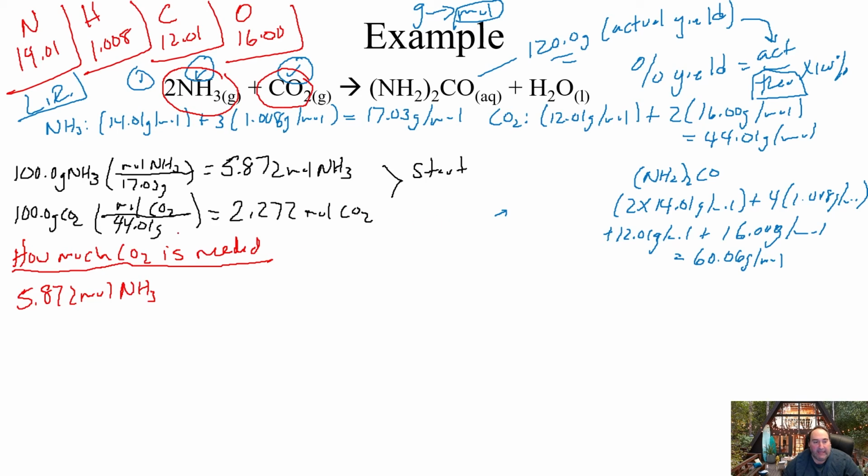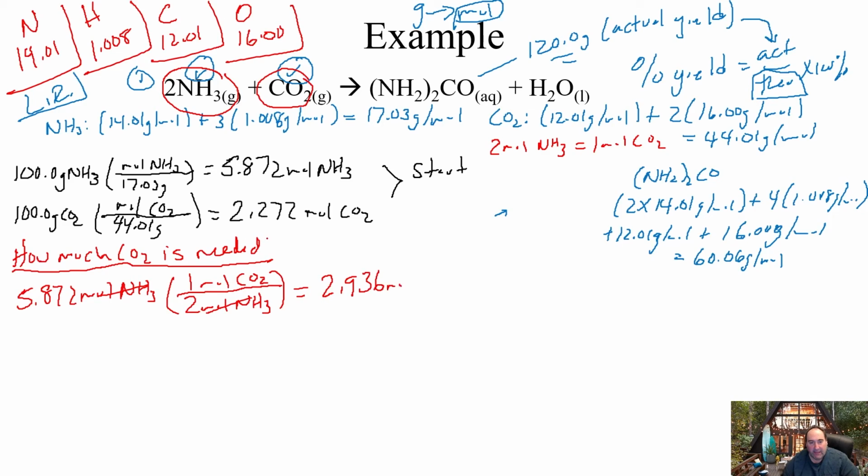And I see it is 2 moles of NH3 gives me 1 mole of CO2. Once again, just the coefficients. So we're going to use that as a conversion factor. 2 moles of NH3 on the bottom, 1 mole of CO2 up on top. Moles of NH3 is going to cancel, and that's going to give me 5.872 divided by 2, 2.936 moles of CO2 is needed.